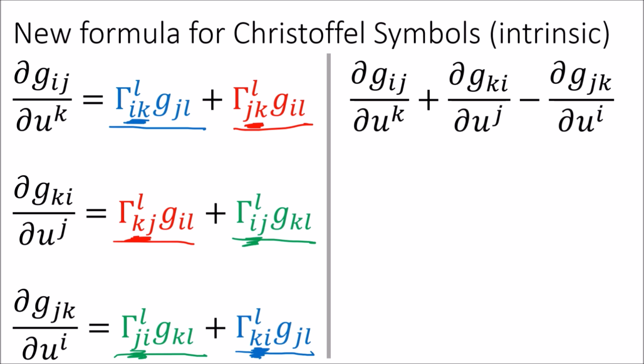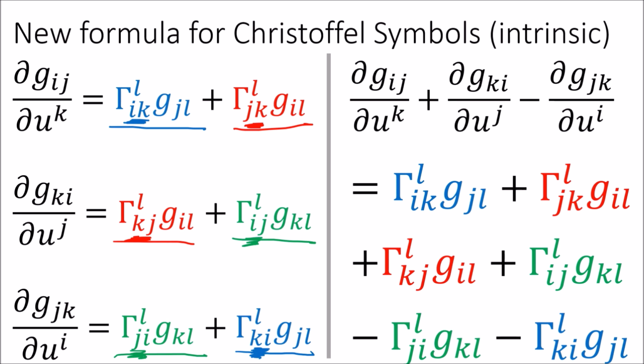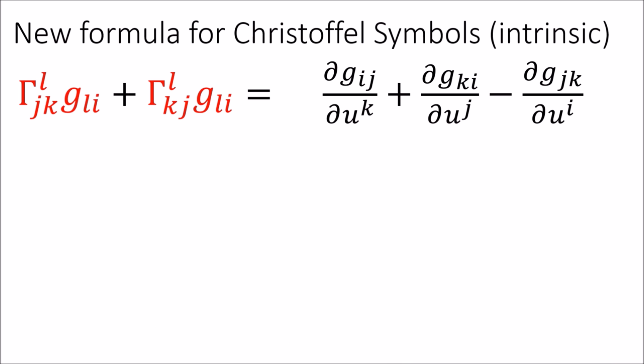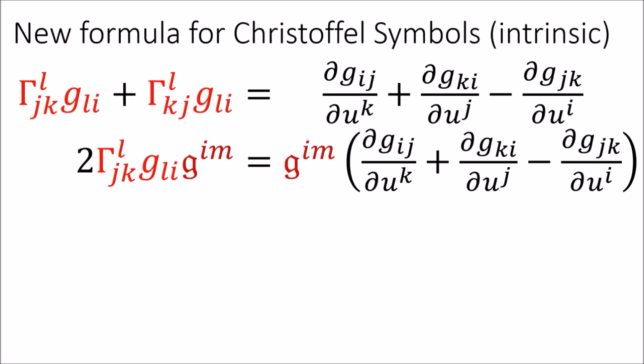So if we do this derivative plus this derivative minus this derivative, we'd get this. And looking at this expression, the blue terms cancel out, the green terms cancel out, and the red terms get added together.